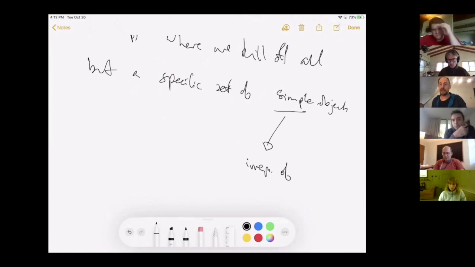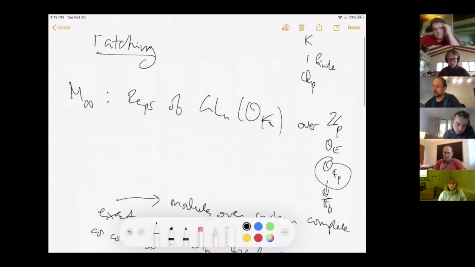A priori they're reps of GL_N(O_K), but actually, because you're in characteristic p, the pro-p subgroup of GL_N(O_K) will act trivially, and so they'll factor through GL_N of the finite field quotient of O_K. So this thing has a surjection onto GL_N of the residue field.